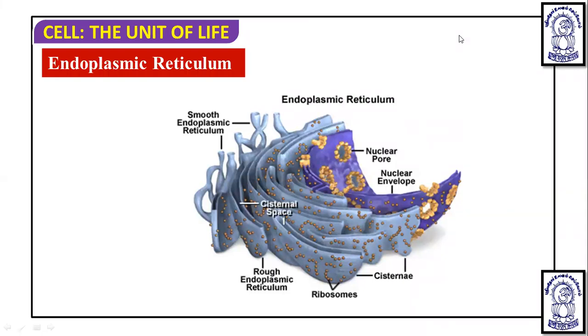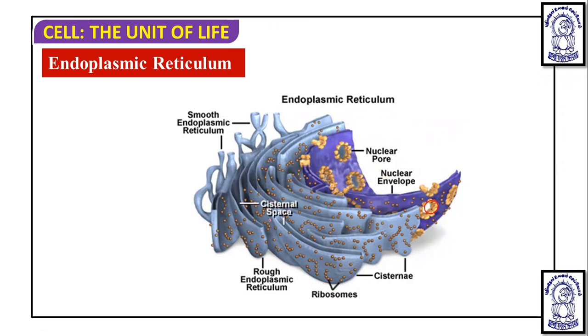You can see in this structure that in the nuclear envelope there are nuclear pores, then the outer nuclear membrane ultimately unwinds and forms this endoplasmic reticulum.